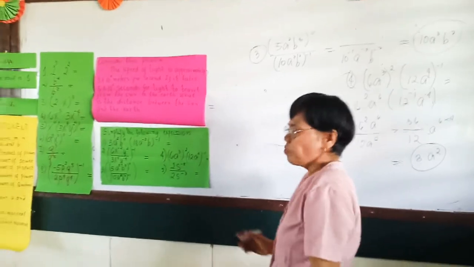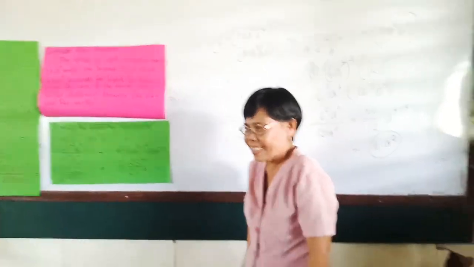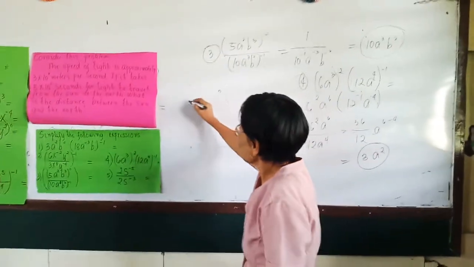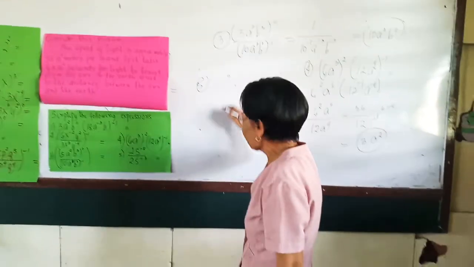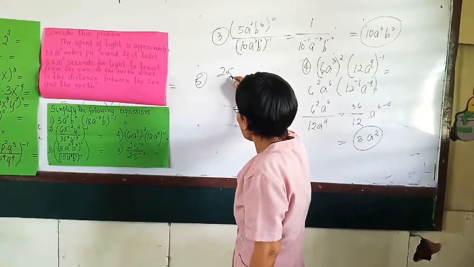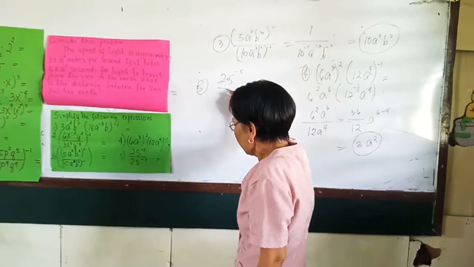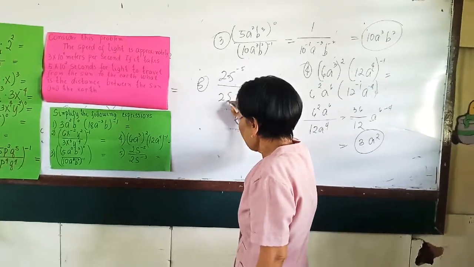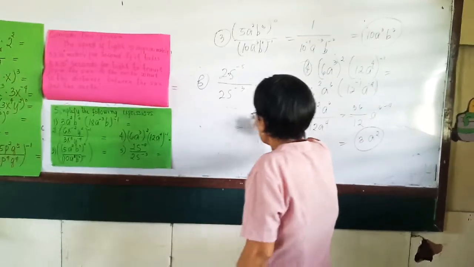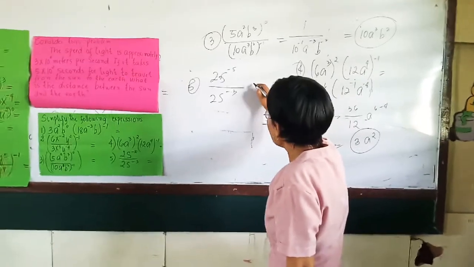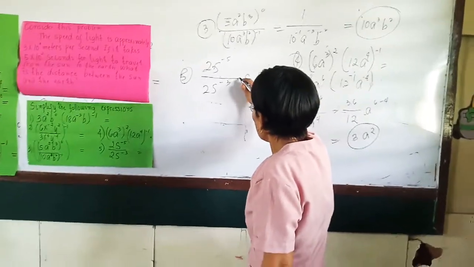Okay, who can solve number 5? Okay. So, number 5. 2s to the negative 5 over 2s to the negative 3. So 1. So s equals s.